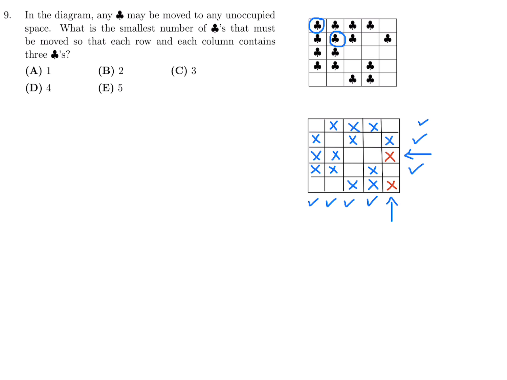And if that is the case, let's just double check if everything works out. This row is fine, the second row is fine, this row is now fine, and the last row is fine. And then the columns, that last column also has 3. So there you go. So the number of moves that I made was 2. So 9, the answer is B.